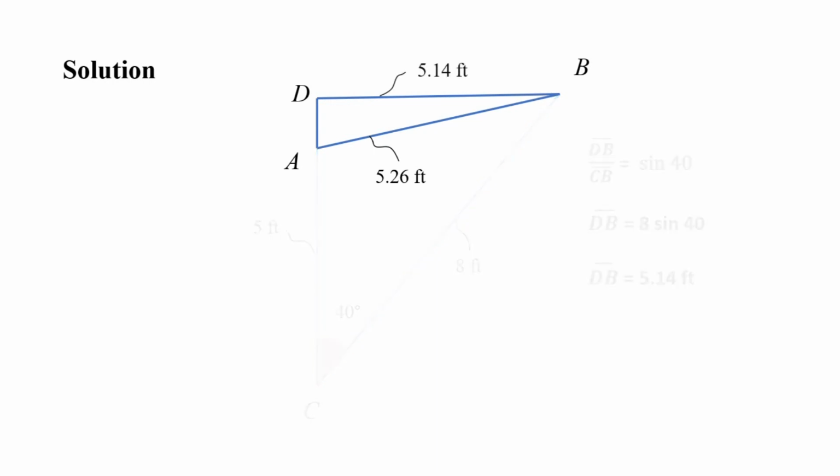Now I'm going to take that little triangle. Now we know the adjacent to angle alpha and the hypotenuse. So using the cosine function, we should be able to compute angle alpha.